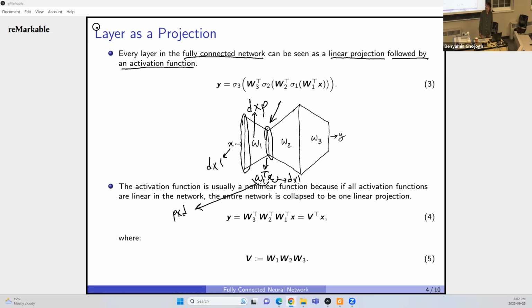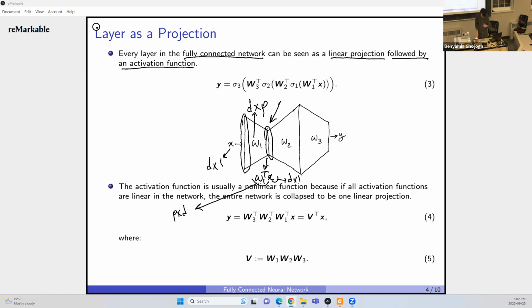Now recall the preliminaries. What is W1 transpose X according to the preliminaries? Exactly, that's a linear projection of X onto the column space of W1. Agree? W1 transpose X, according to the discussions in the preliminaries that we had, is a linear projection of X onto the column space of W1.